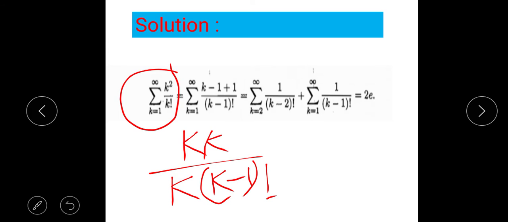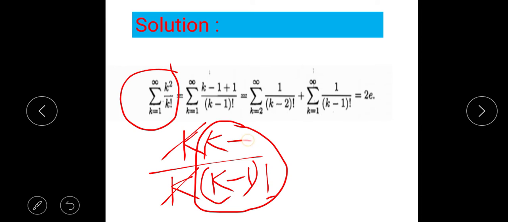So this k and this k are cancelled, the remaining part will be k upon k minus 1 factorial, and this k is adjusted by writing plus 1 minus 1 with k. So this is the expression.